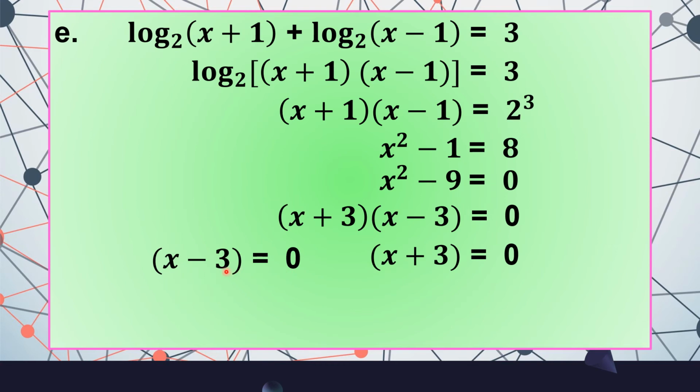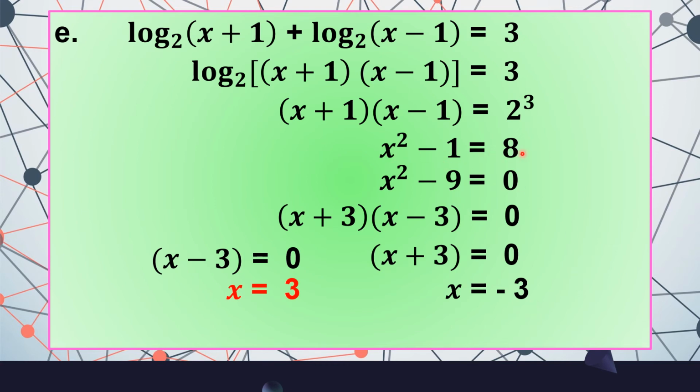Solving for x, we need to transpose negative 3 to the right side of the equation. So we have now x equals positive 3. And x plus 3 equals 0 gives x equals negative 3.